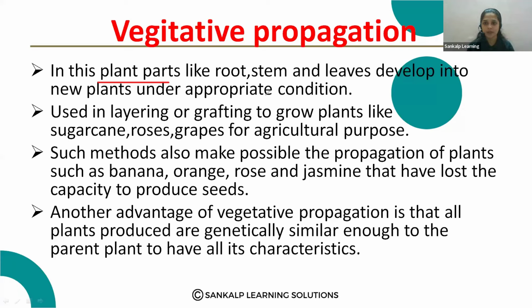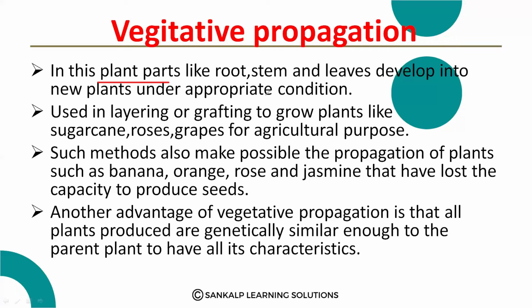Do you know the rose plant? Is it able to produce seeds? Through seeds it will propagate. Does the rose plant produce seeds? No, ma'am. Then banana plant? No, ma'am. Then sugarcane? No, ma'am.